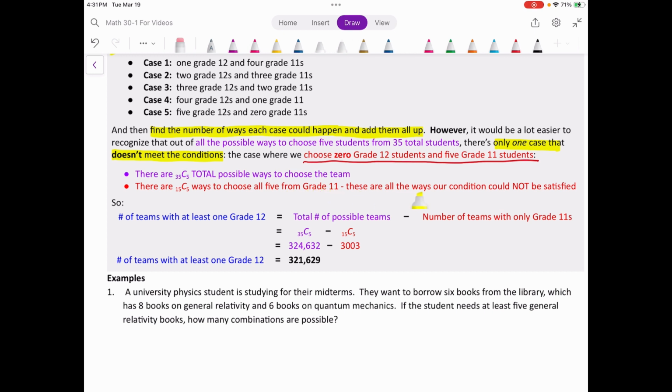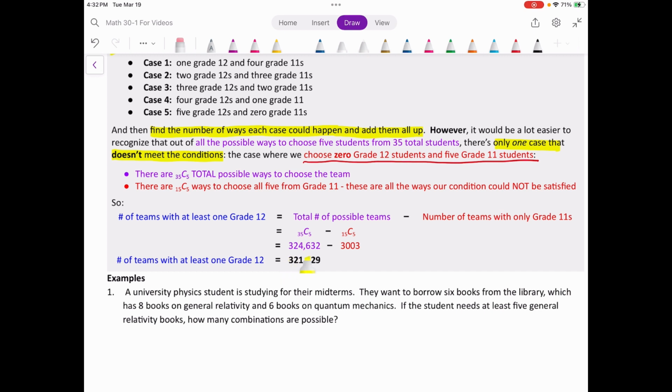And that's the number of ways that our condition could not be satisfied, right? So the number of teams with at least 1 grade 12 is going to be the total number of possible teams, take away the number of different ways to make a team with only grade 11s, and what you should be left with is the number of teams with at least one grade 12, right?